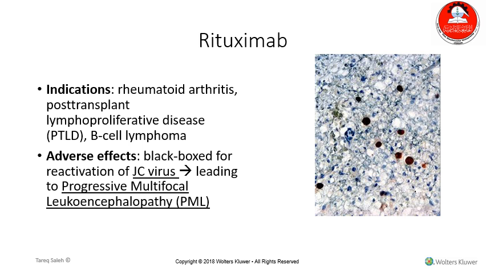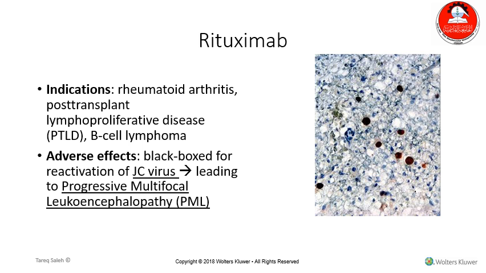Rituximab, because of its ability to interfere with humoral immunity, can be used for organ transplantation, for the induction for sure, especially to facilitate implantation and to reduce organ rejection. But because of its ability to target B cells, it can be used for the treatment of autoimmune diseases such as rheumatoid arthritis.